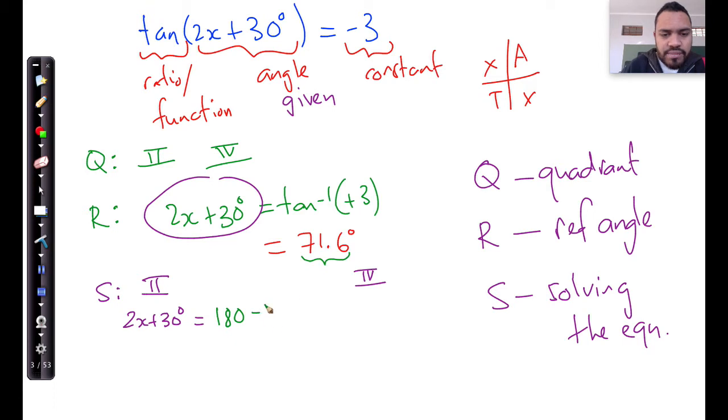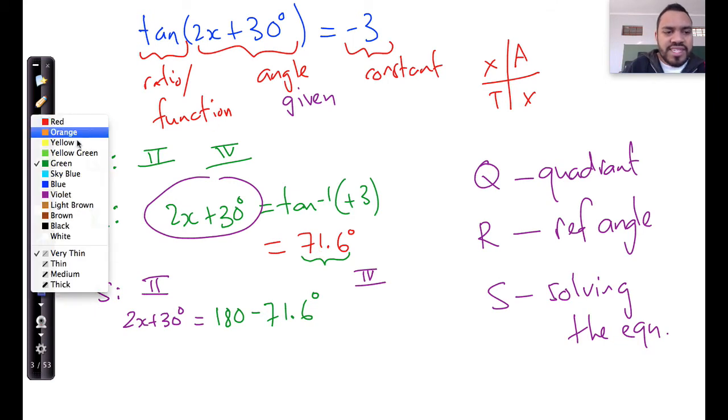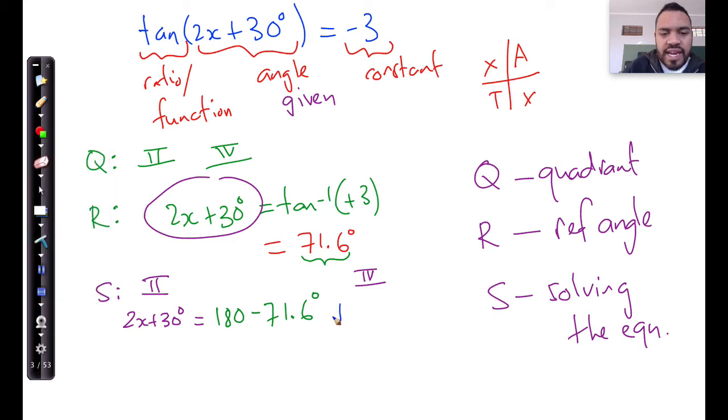So we say 180 minus 71.6 degrees. Then you need to look at what type of function I'm working with, and here it is a tan function. So in the tan function, we say plus n multiplied by 180 degrees, because tan repeats itself every 180 degrees. So whichever angle works now is going to work for this as well. And you can stipulate that n must be an element of the integers.